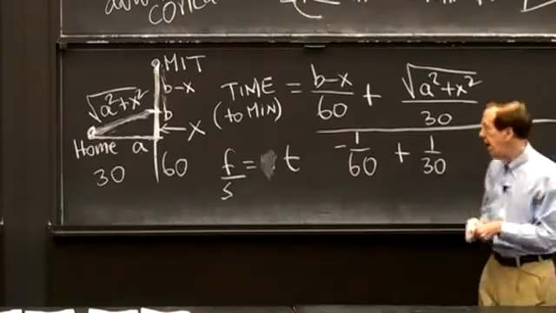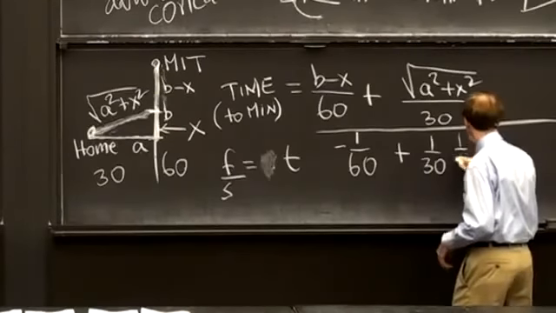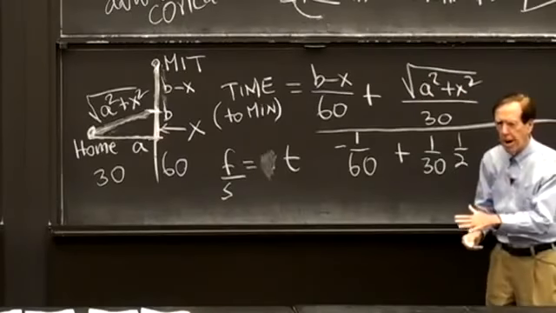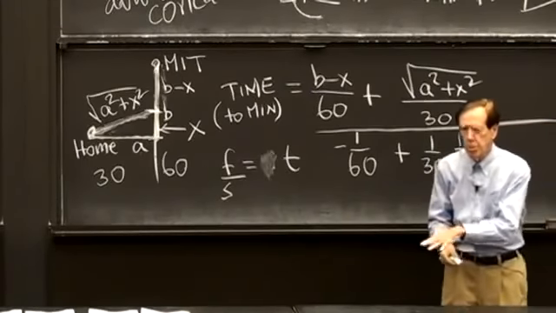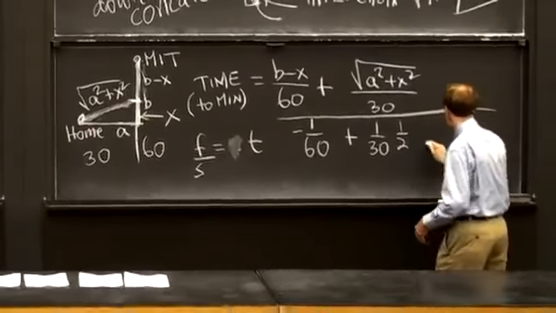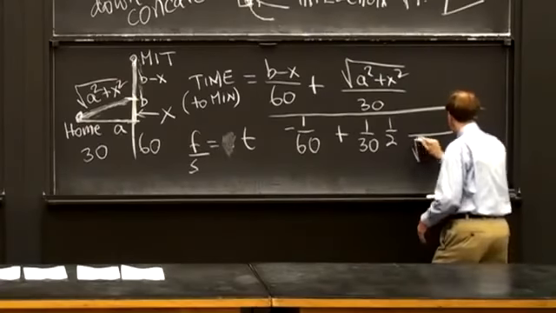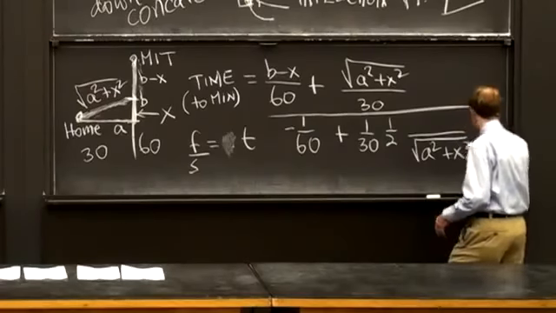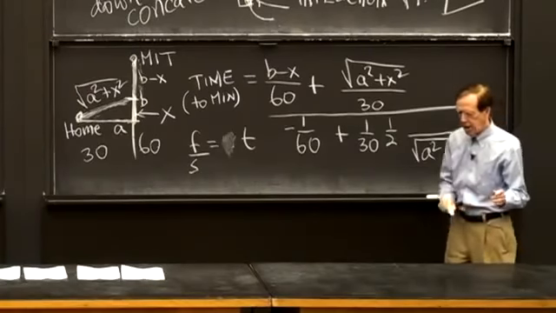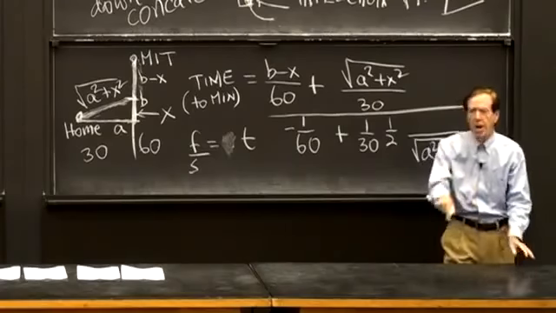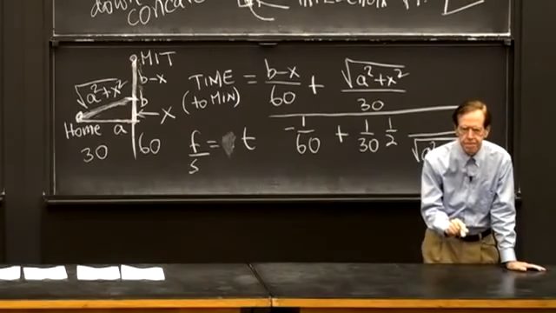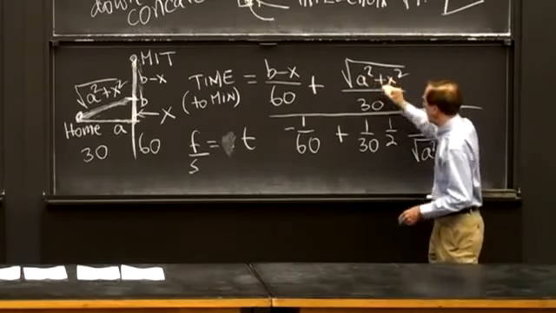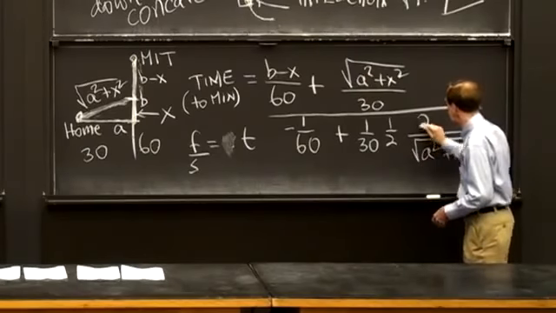Square root is the 1/2 power. So I have 1/2 times this quantity to one lower power. That's the minus 1/2 power. That means that I still have a square root, but now it's a minus 1/2 power. It's down here. And then the chain rule says, don't forget the derivative of what's inside, which is 2x.